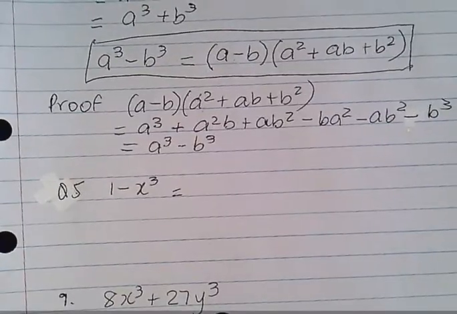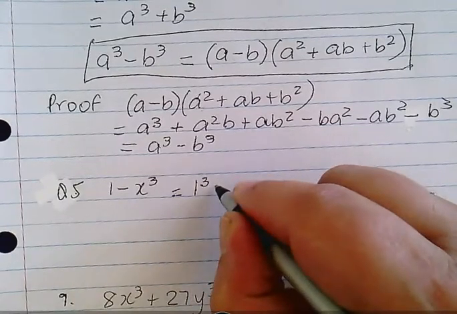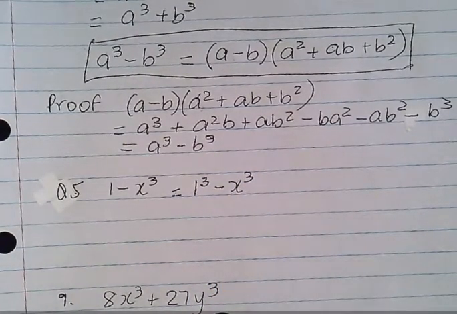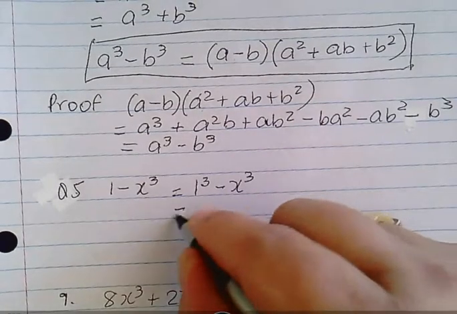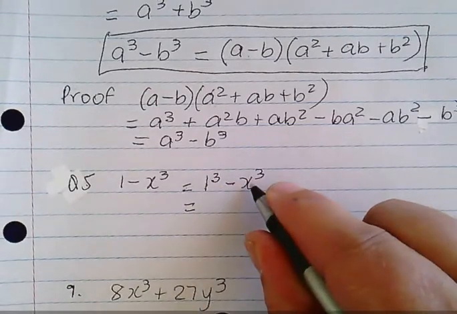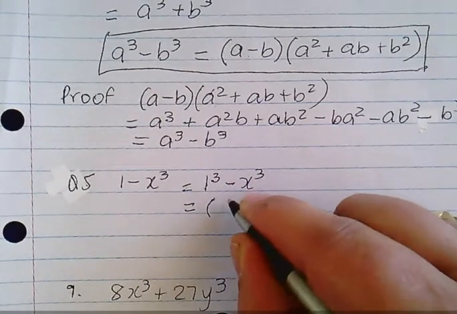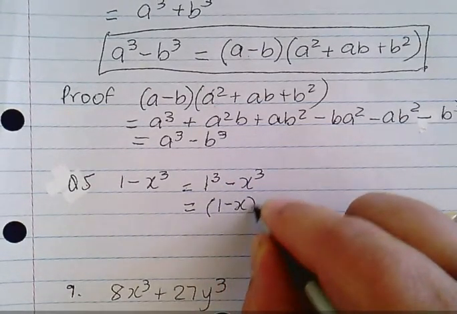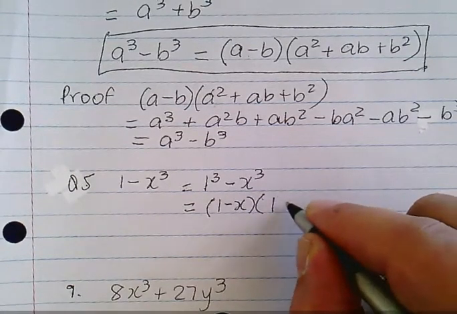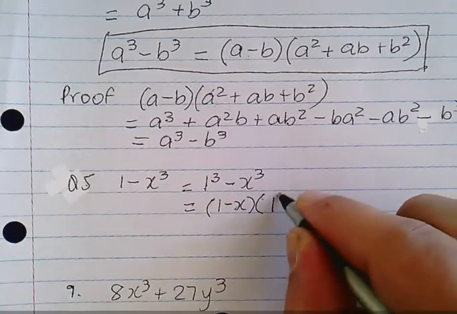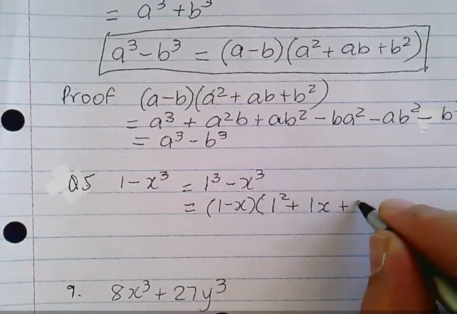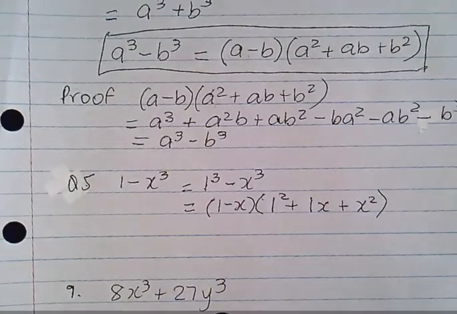I would encourage you to write it as a cubed minus b cubed, like that, even though it's a 1: 1 cubed minus x cubed. All right, do you remember what I said about this rule? So your a is 1 and your b is x. So isn't it a minus b, which is 1 minus x? A squared is 1 squared, got it? Plus a times b is 1 times x, plus b squared is x squared.